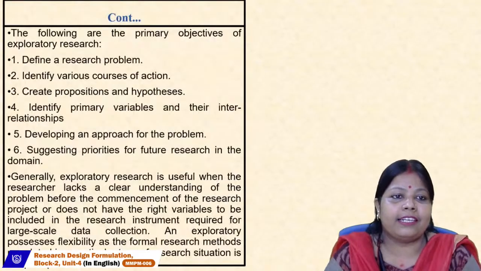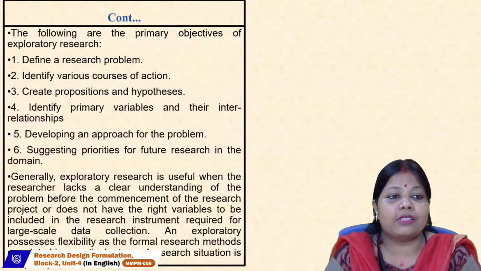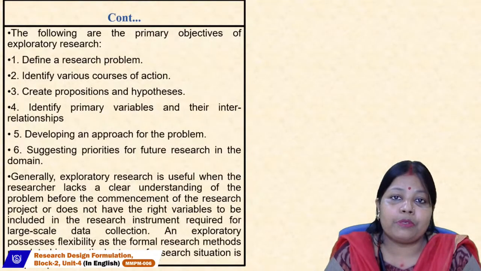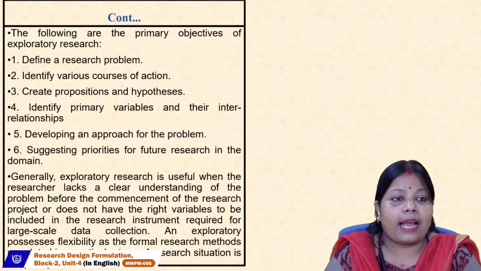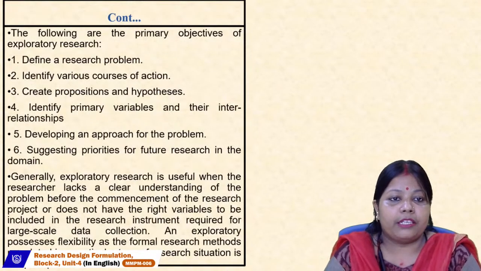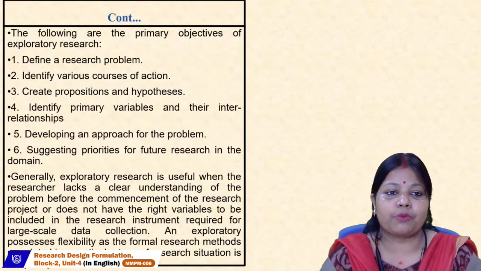The following are the primary objectives of the exploratory research design. The first one is defining a research problem. As we said, the first and foremost step is defining a research problem, which is only possible in the exploratory research design. After identifying the problem, we will go for identifying various courses of action. If this is the problem, what should be the action for the solution of this problem?